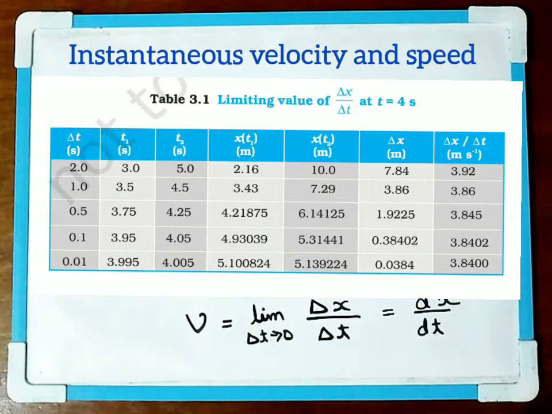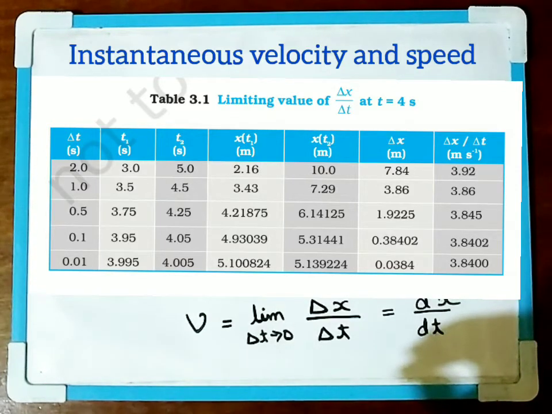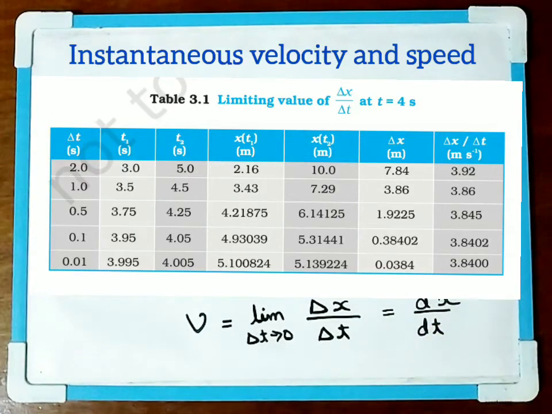You can see that in this table the first row gives you the average velocity, which is 3.92. But the last row will give you the instantaneous velocity because the time interval is equal to 0.01, which is approximately equal to 0. So you remember this concept.